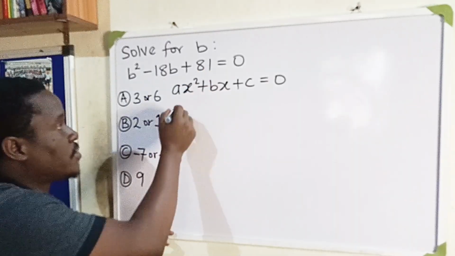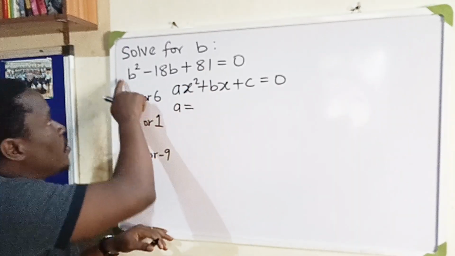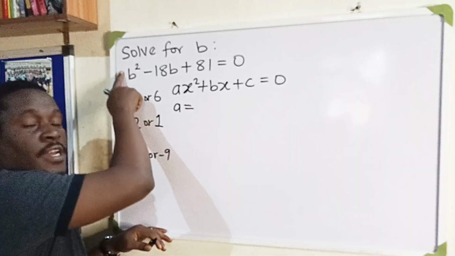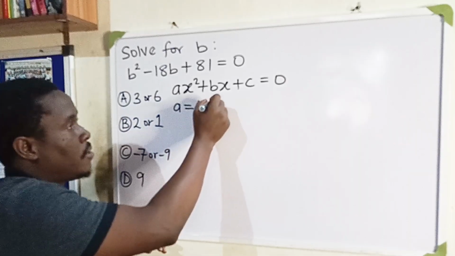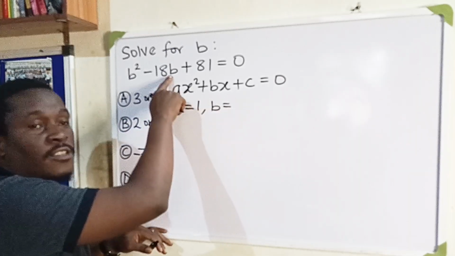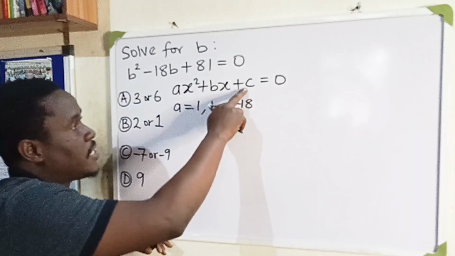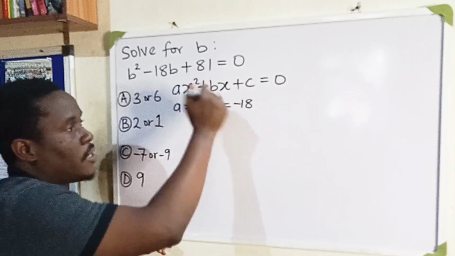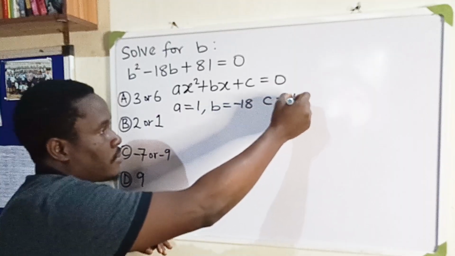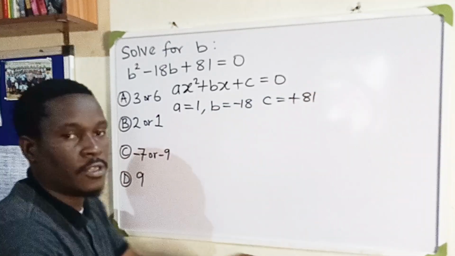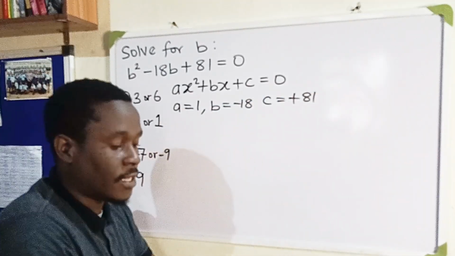So let's write those values. A is equal to 1, the coefficient of b squared. B is equal to minus 18, the coefficient of b. And c is plus 81. Good. So we have written these three important values.